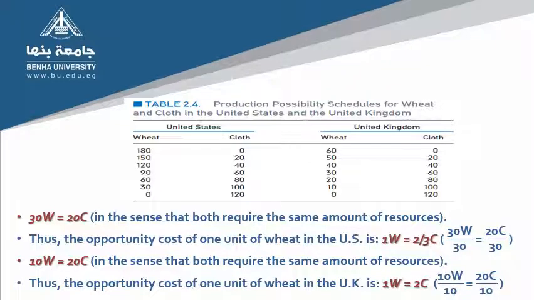Table 2.4 shows that the United States can produce 180 bushels of wheat and 0 yards of cloth, or 150 bushels of wheat and 20 yards of cloth, or 120 bushels of wheat and 40 yards of cloth, down to 0 bushels of wheat and 120 yards of cloth, which means for each 30 bushels of wheat the United States gives up, just enough resources are released to produce an additional 20 yards of cloth.